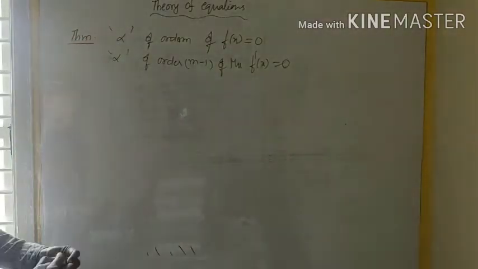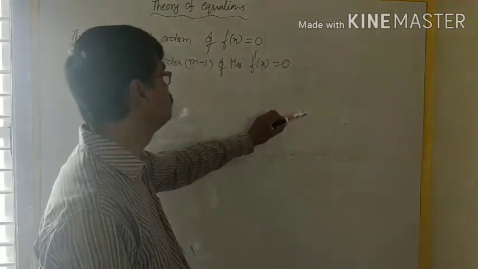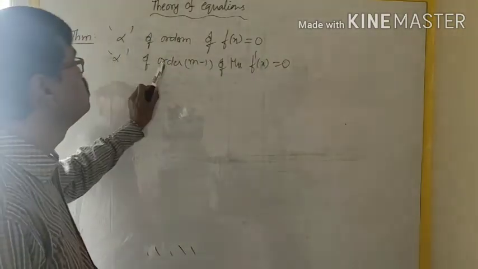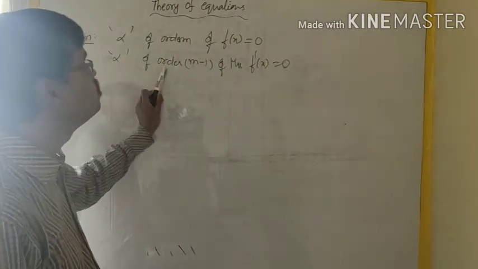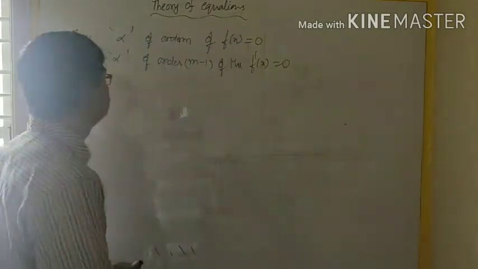So if alpha is a multiple root of order m of f of x equal to 0, then alpha is a multiple root of order m minus 1 of f dash of x equal to 0.